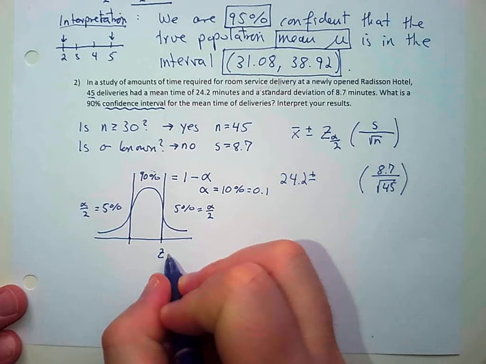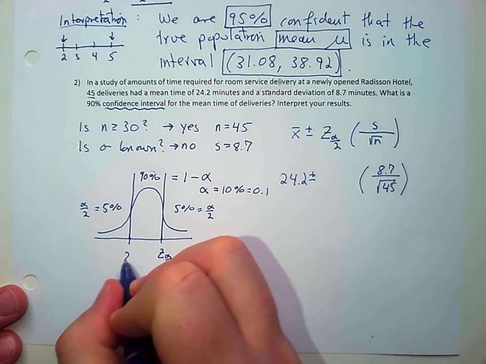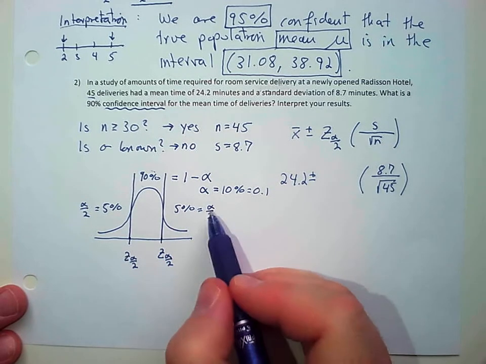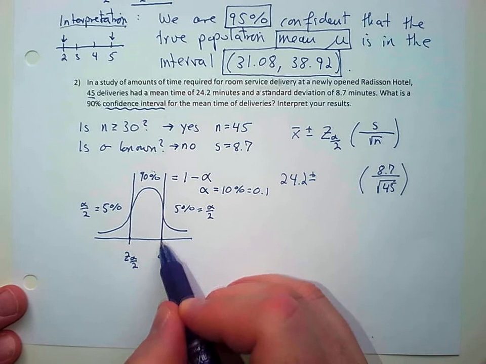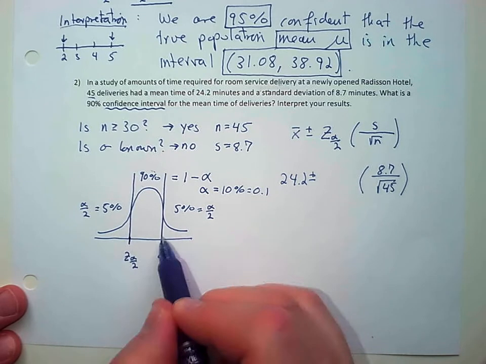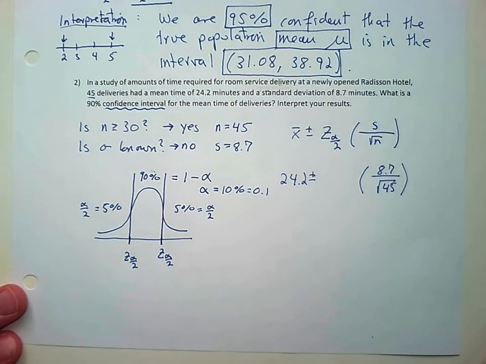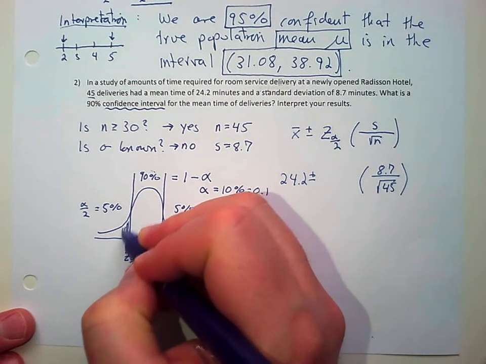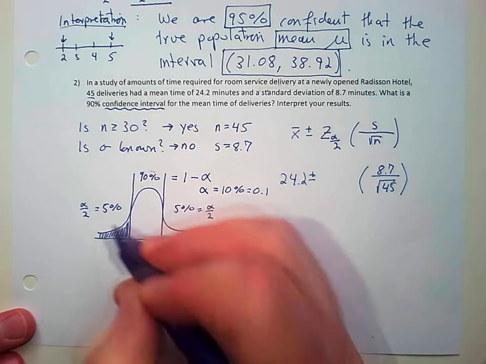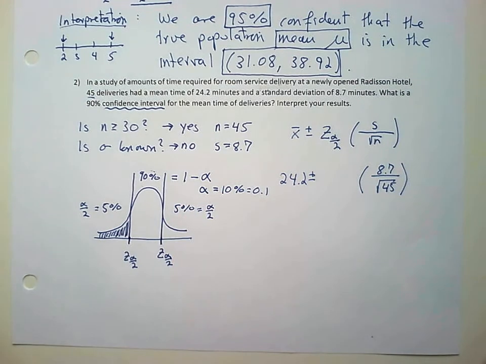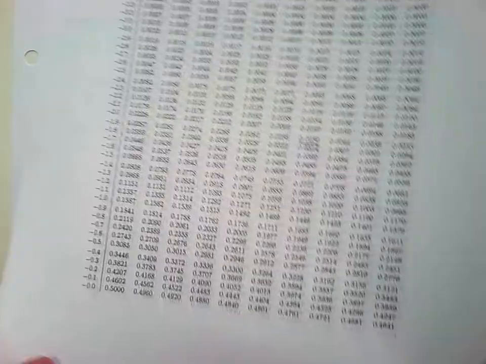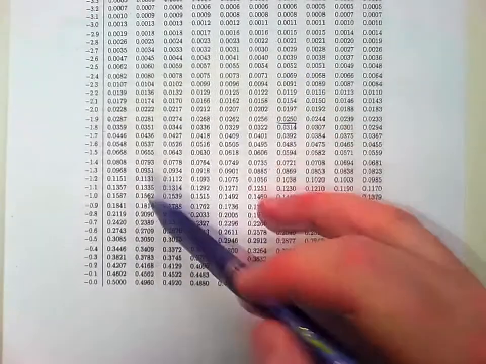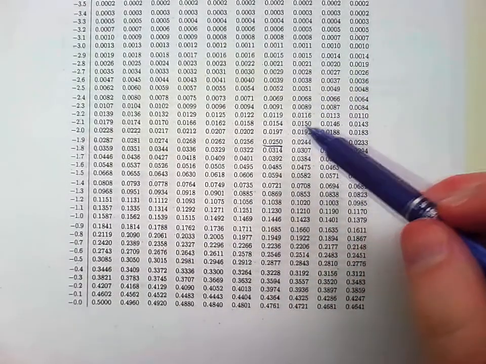We're trying to figure out what our z sub alpha divided by 2's are. So again, since here in this tail we have alpha divided by 2 and these right here are the cutoffs for our tails, that's where that alpha divided by 2 notation comes from. What we're going to try to do now is figure out the z value that goes along with this 5%. Just like we did before, if we go to our z table, in the body of our z table are percentages.